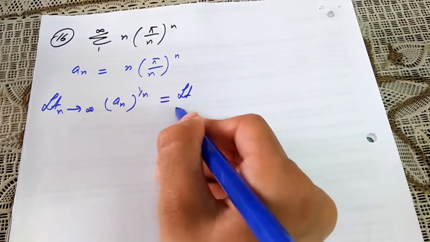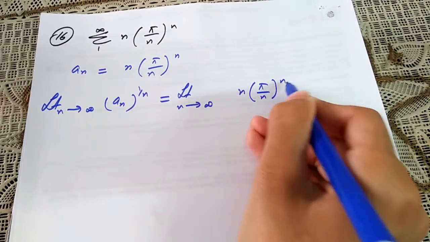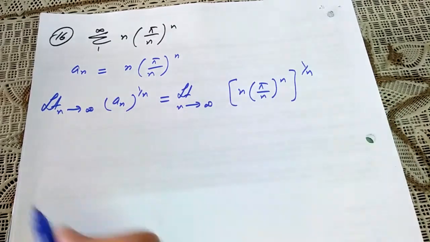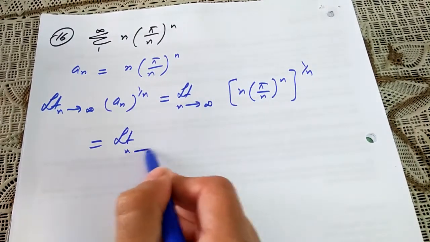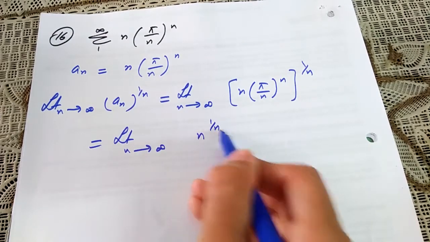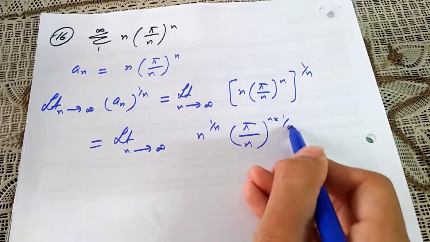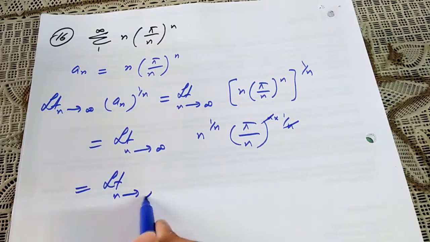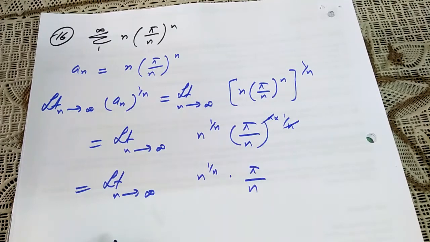That will be the limit as n approaches infinity of (n into pi over n) whole power n, and this whole power 1 over n, the formula power. Now separate the powers into the functions as if they are multiplying with each other. It can be written as the limit as n approaches infinity of n raised to power 1 over n and (pi over n) into 1 over n. This can be cancelled out, and you will be left with the limit as n approaches infinity of n raised to power 1 over n into pi over n.